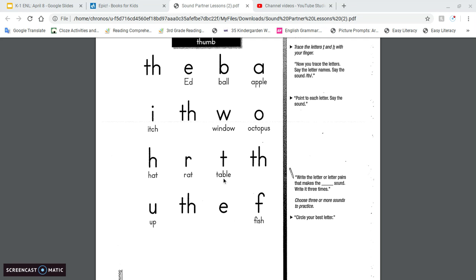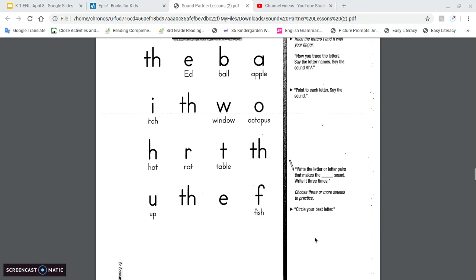You might have noticed when I did the T and the TH sound, I really wanted to show the difference between those two sounds. So t, th. So that's definitely a different sound. Again, picking letters and asking them which letter makes the eh sound or the b sound and all of that. Okay, and they can write it 3 times just to practice letter formation.